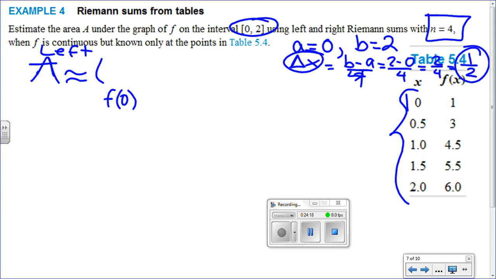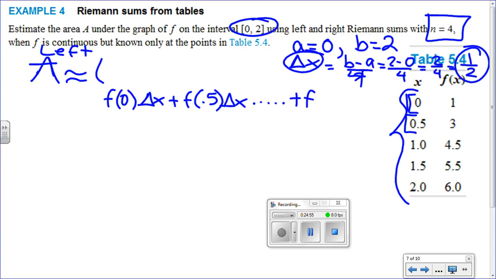Do you remember from the previous problem how delta x is constant for all of them? So this is my left point, the first rectangle's height. And for my second rectangle, I'm going to use this one as my left point. So it will be not f of 1, sorry, but f of 0.5, and then delta x there. It goes on like that until the last one.